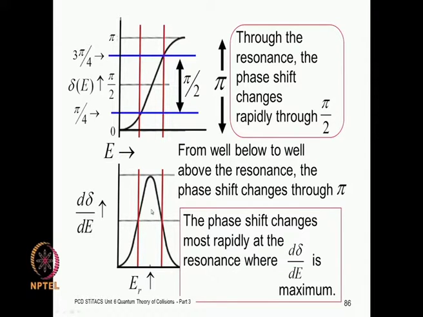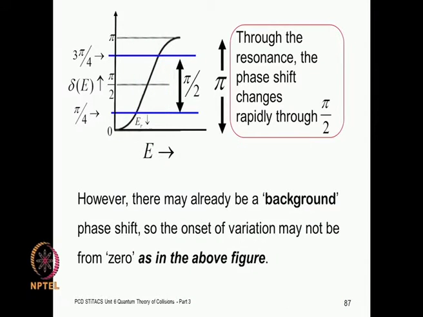Okay. It becomes flat. So, this is the rate of change of phase shift with energy. The only thing you have to remember is that the change in phase shift, which is a change through pi across the resonance, we have plotted this figure as if we started out from 0 and then get to pi when we go through the resonance.